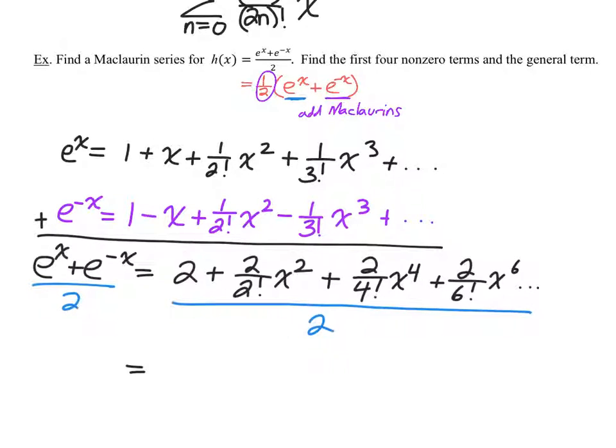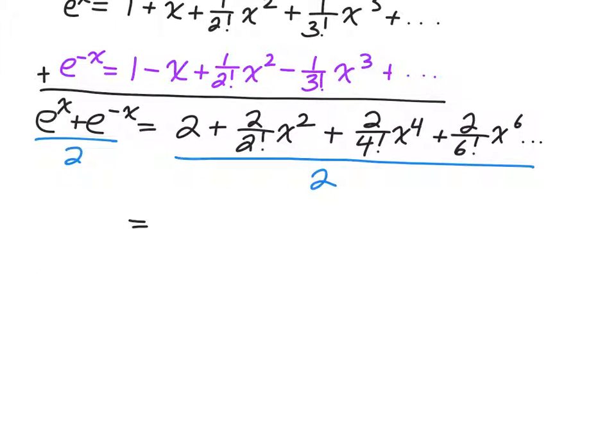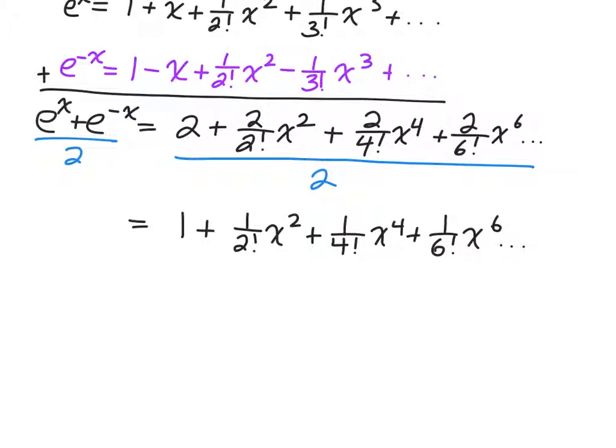So we're looking at now 1 plus 1 over 2 factorial x squared plus 1 over 4 factorial x to the 4th plus 1 over 6 factorial x to the 6th, and so on. So this is something we could come up with a rule for, because we have even factorials, so 2n.